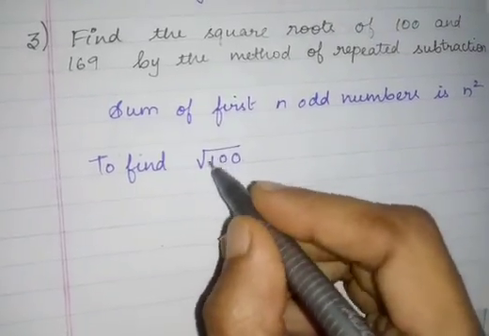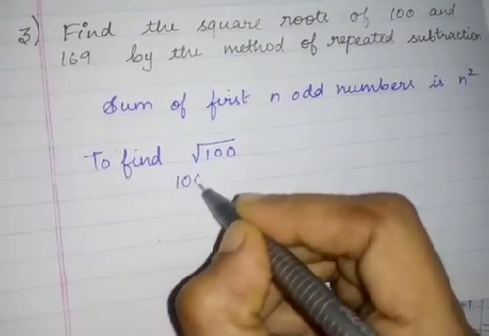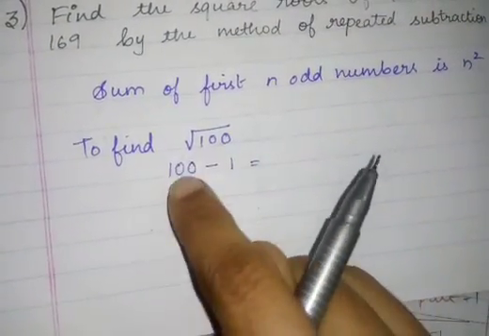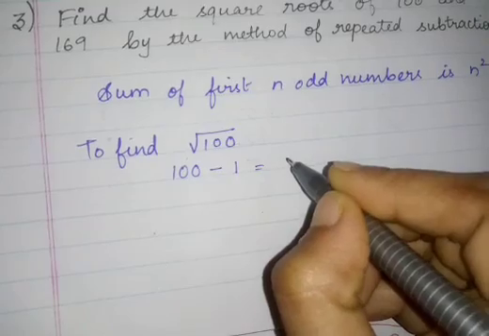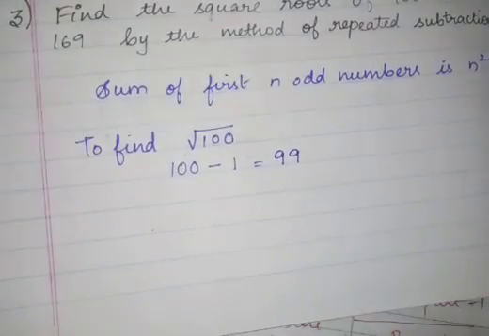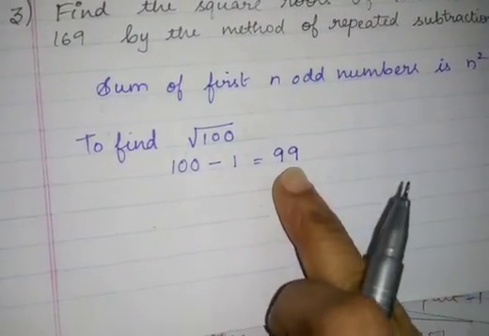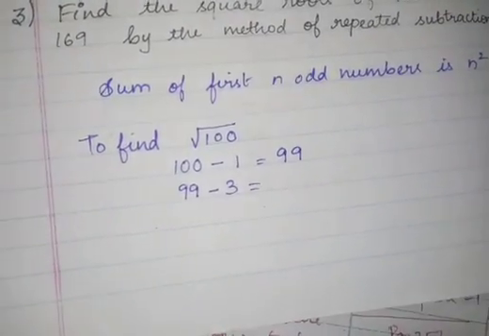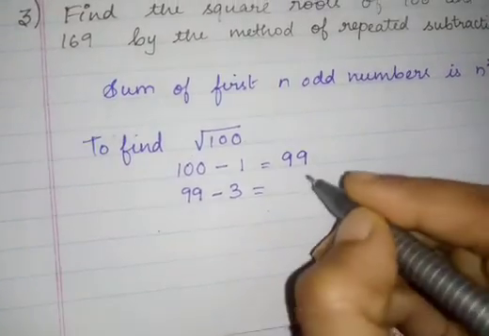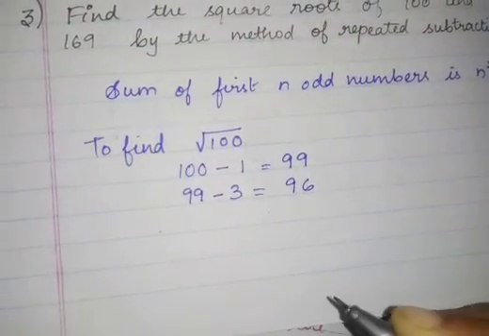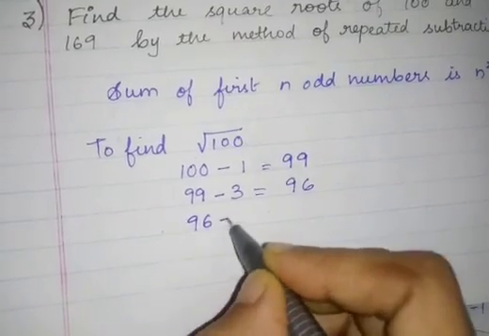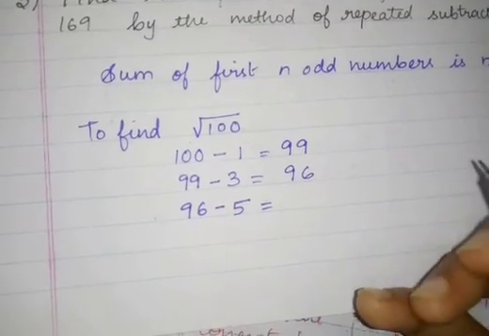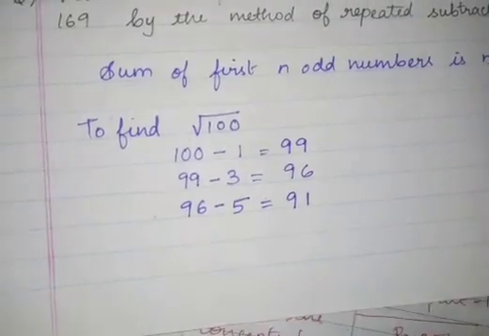So take the given number 100 minus the first odd number 1. 100 minus 1 is 99. Are we getting 0? No. Next, 99 minus 3 is 96. Next, 96 minus 5 is 91.